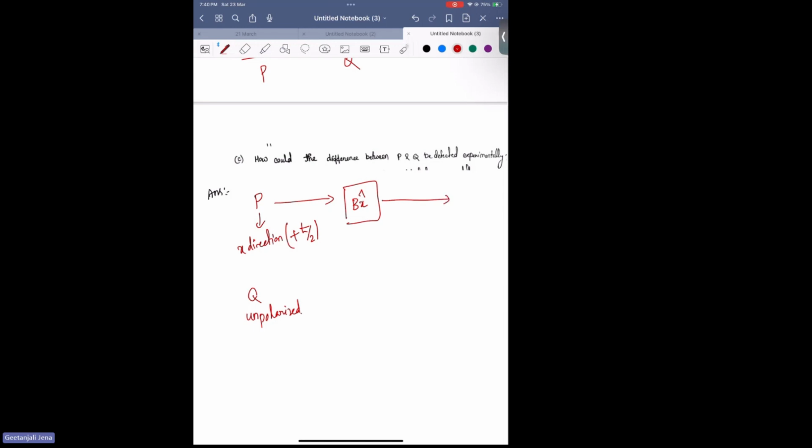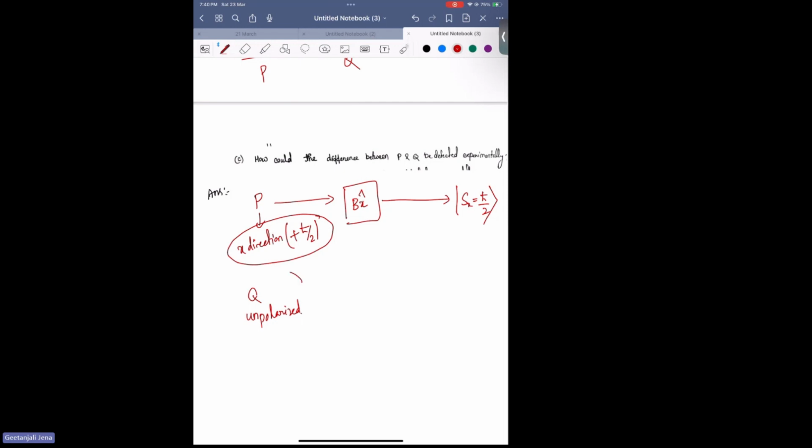You will get one beam only, because it is already given that the atoms of P are oriented in plus h cut by 2. So if you pass them through the Stern-Gerlach apparatus which has a magnetic field in the x direction, it will pass all the atoms in the same state, plus h cut by 2. You won't get minus h cut by 2 here.